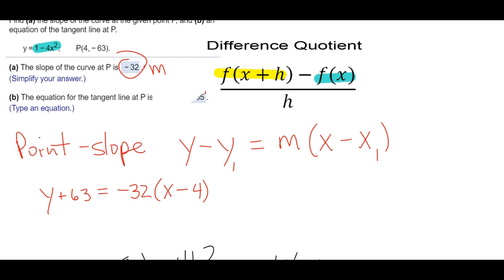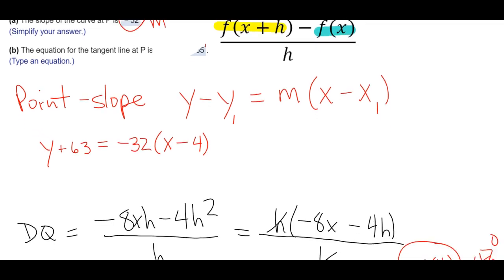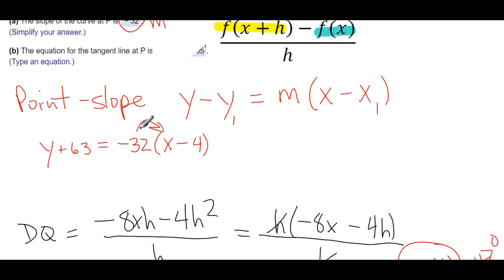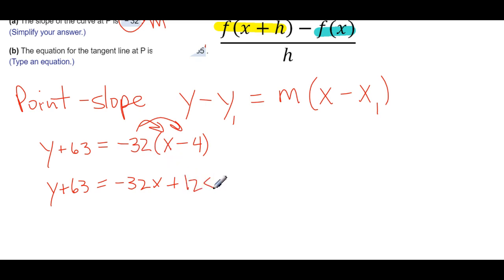Alright, now we're going to want you to type this in the standard form. So you'll need to distribute that negative 32 through and then subtract the 63 from both sides to make sure that you get it in the standard mx plus b version that you're familiar with. So y plus 63 equals negative 32x, and then negative 32 times 4 is going to be a positive 128.